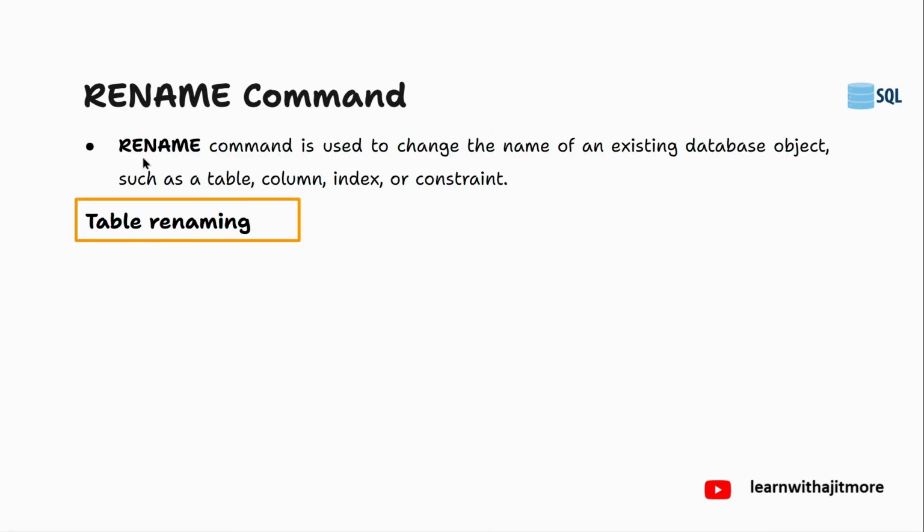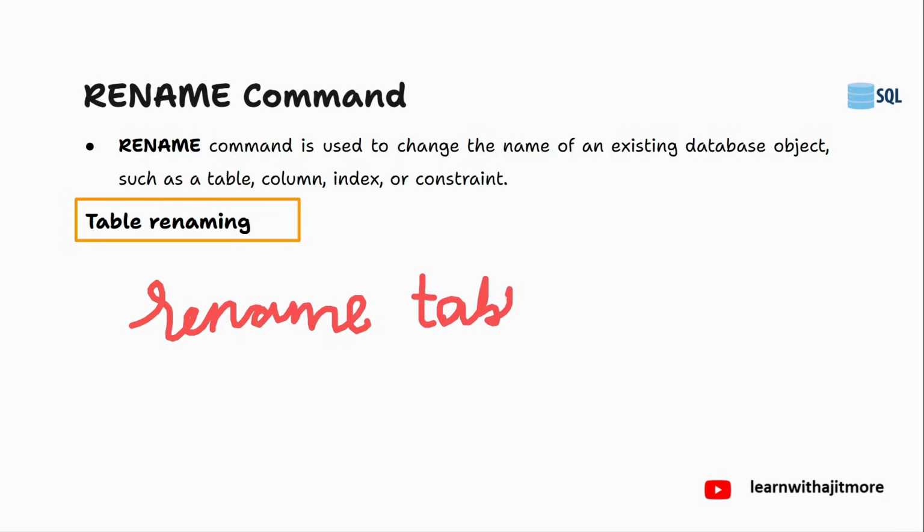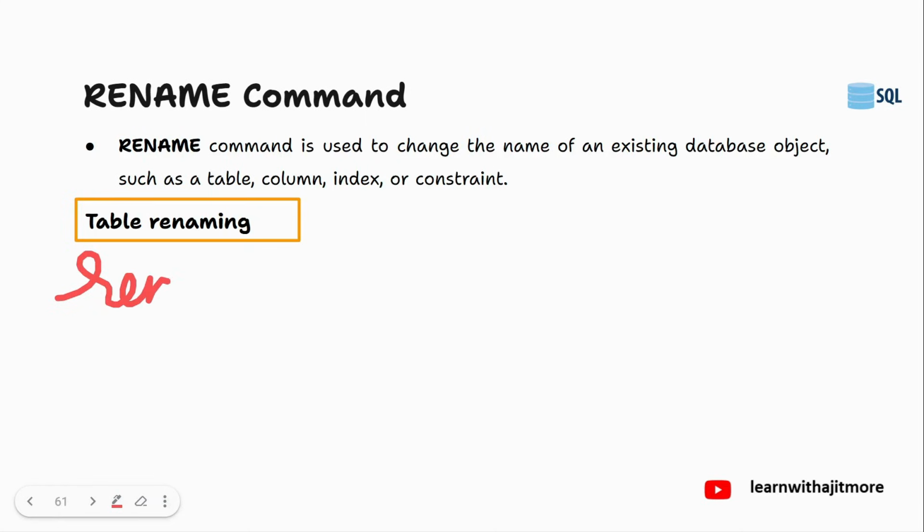Okay, so you just have to write rename, then what you want to rename: table. Yesterday we saw renaming a column, therefore I wrote rename column. Now you have to write rename. Rename is a keyword. Then what you want to rename? Table. Table is also a keyword.